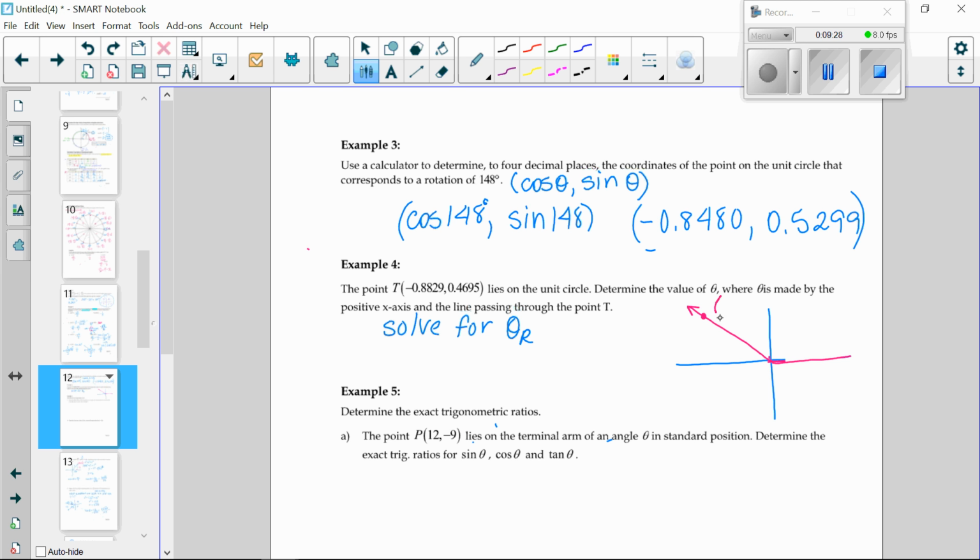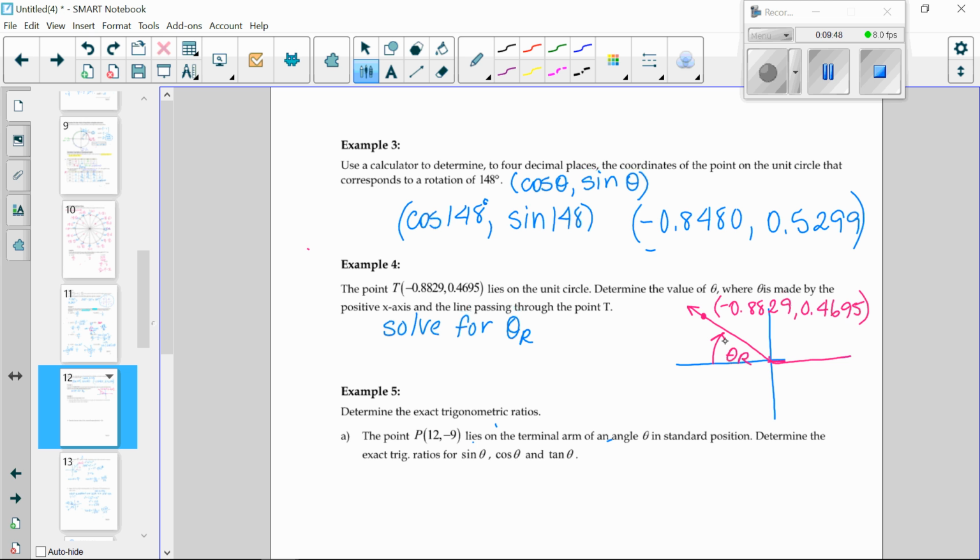So the coordinates of this point are negative 0.8829 and 0.4695. All right, so we need to solve for theta r. So this is theta r right here. We need to solve for that.